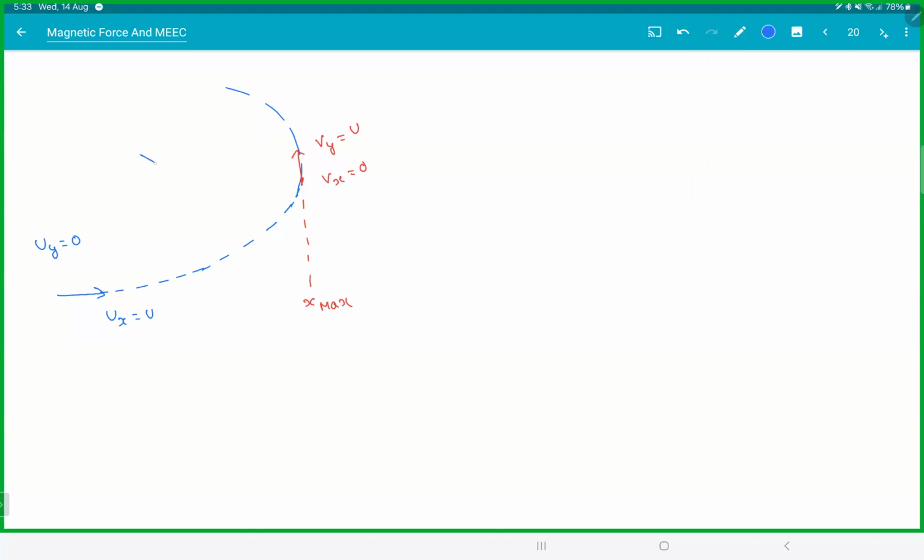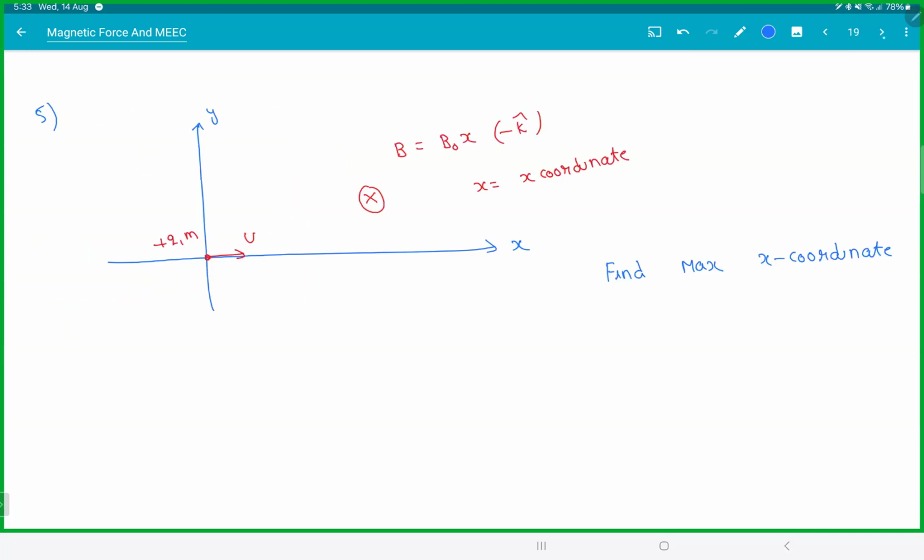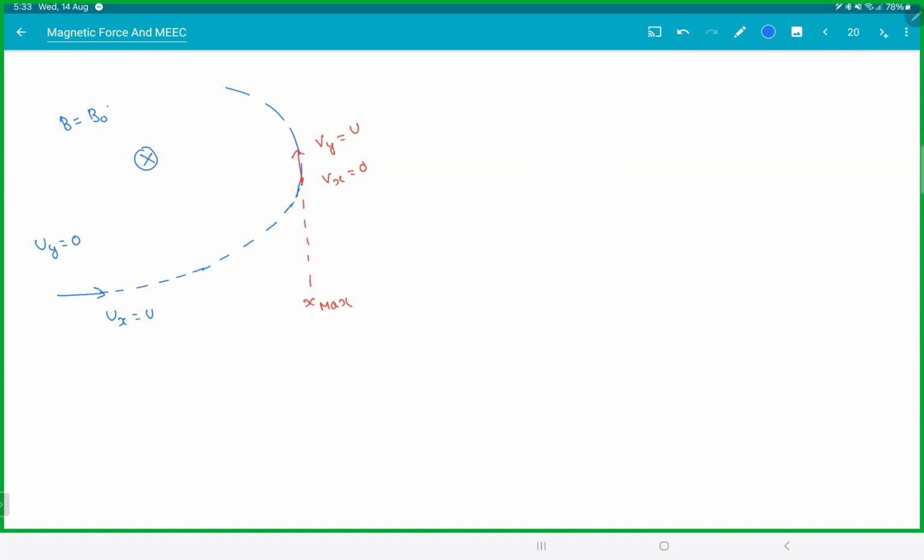And in this entire process, the magnetic field B is equal to B naught into 1 plus x by b naught into x. Now, why did the speed remain same? Last time I told you, the work done by magnetic force is 0. The speed will never change.